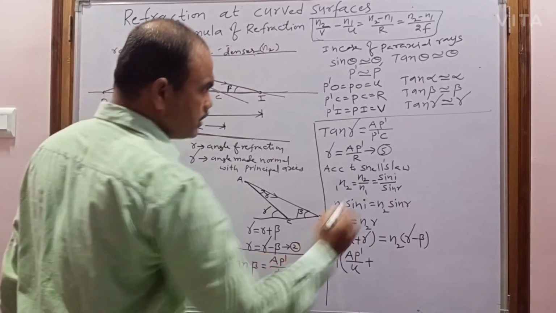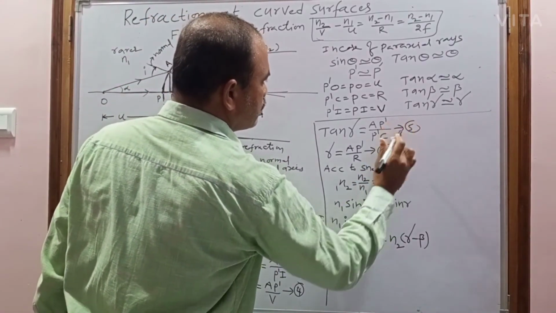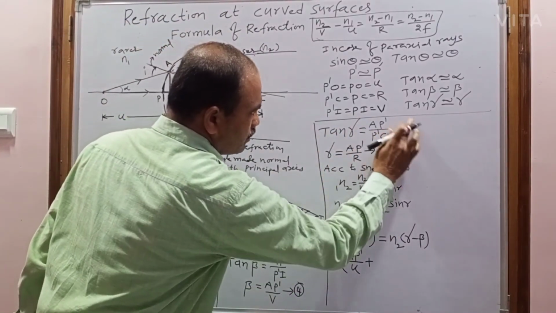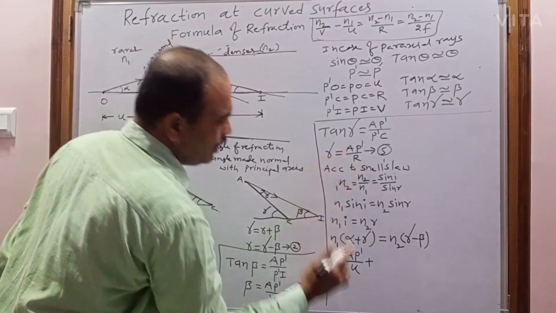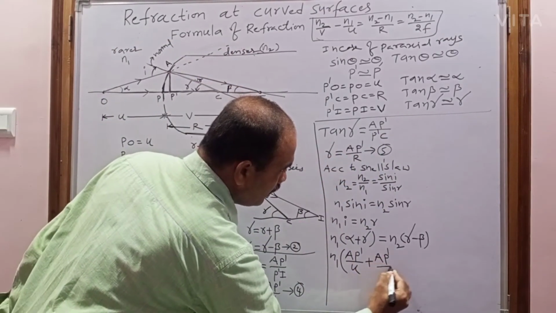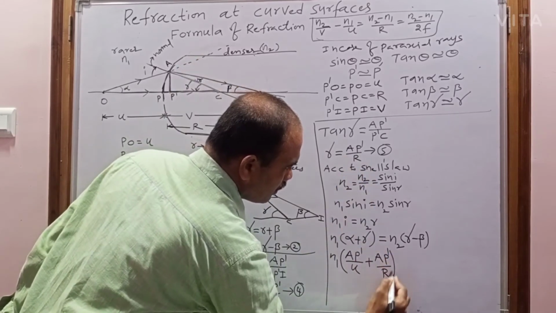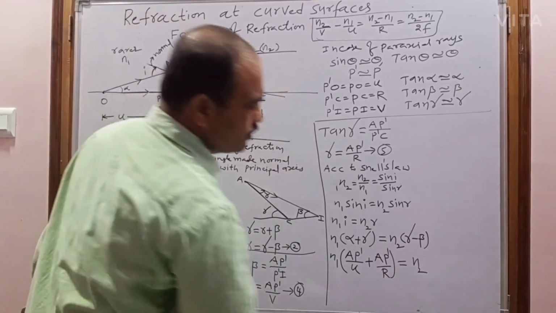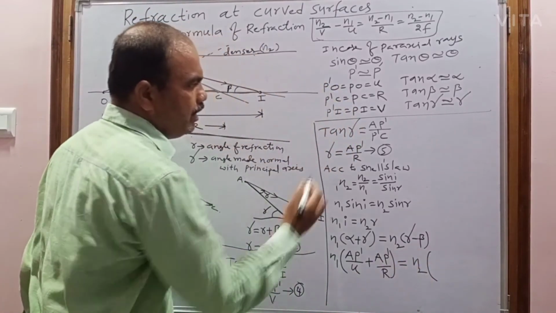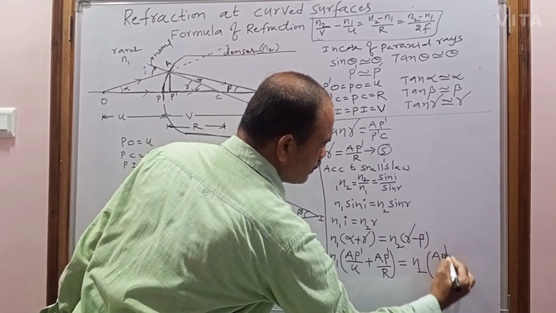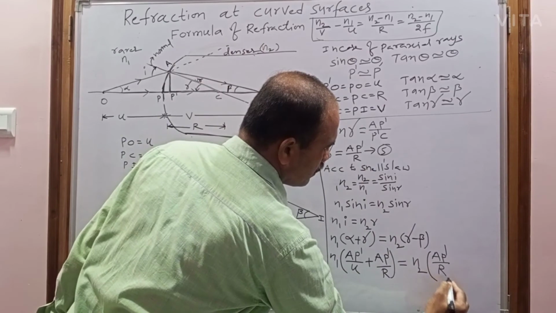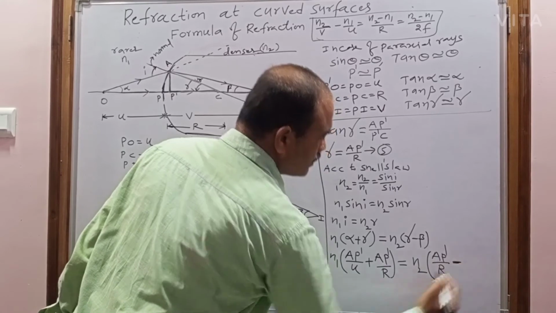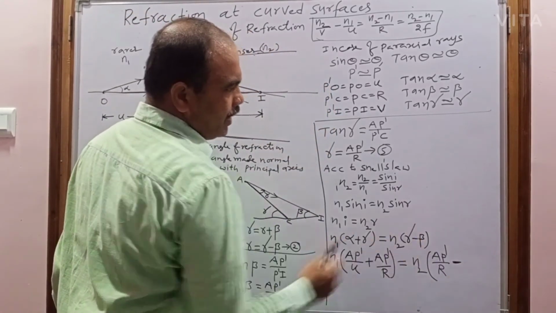From equation 5, gamma is nothing but AP dash by R. Next, equal to N2 times gamma, again AP dash by R, minus beta.